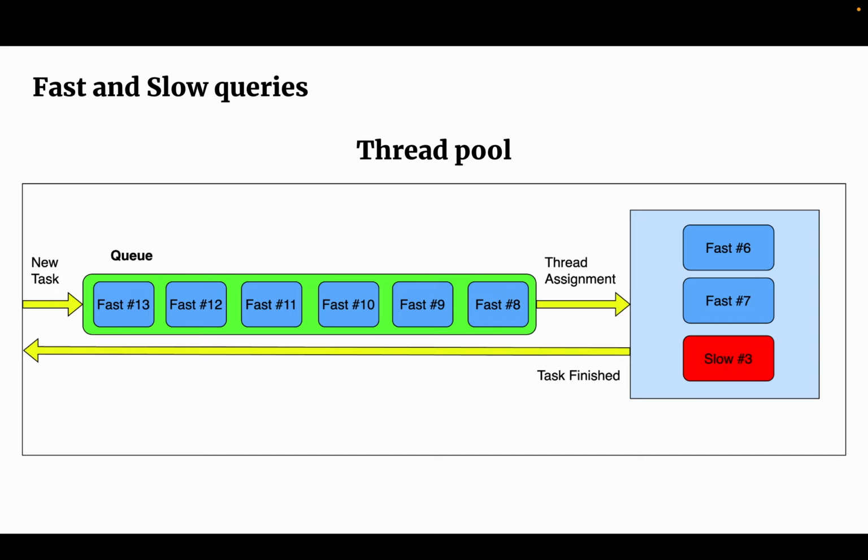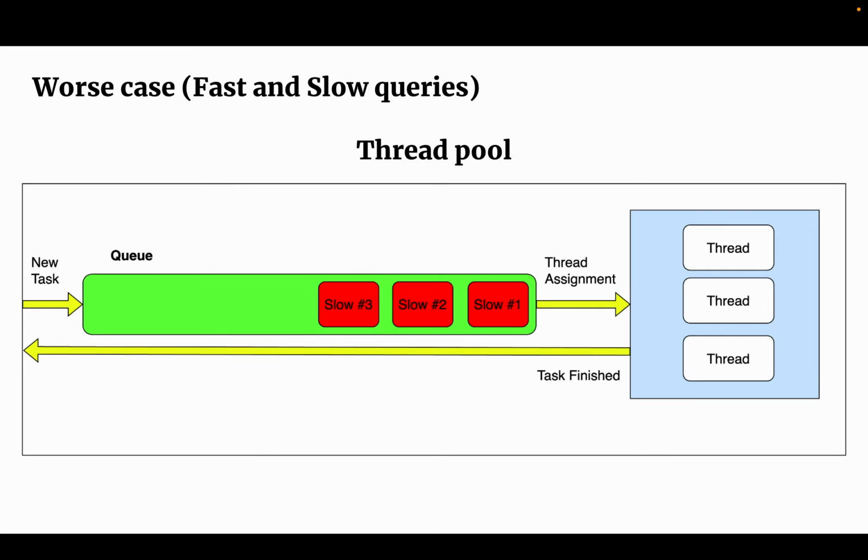By managing both fast and slow tasks efficiently, we can ensure that quick tasks don't get delayed while still processing slower tasks in parallel. This approach allows us to optimize resource usage and provide timely responses for our clients, even when queries vary in complexity.